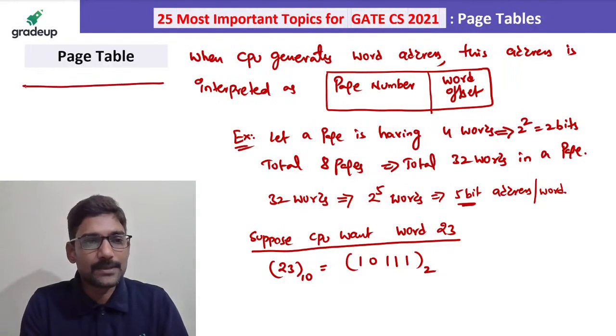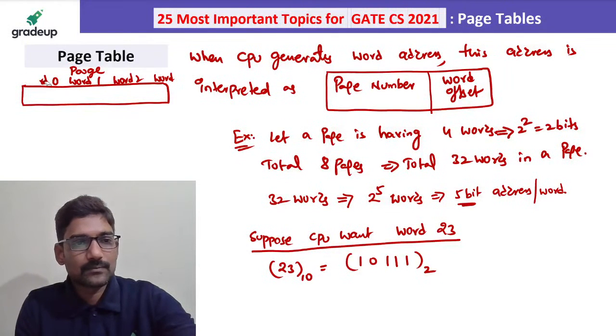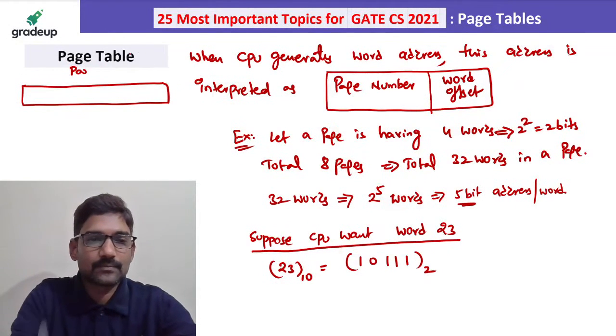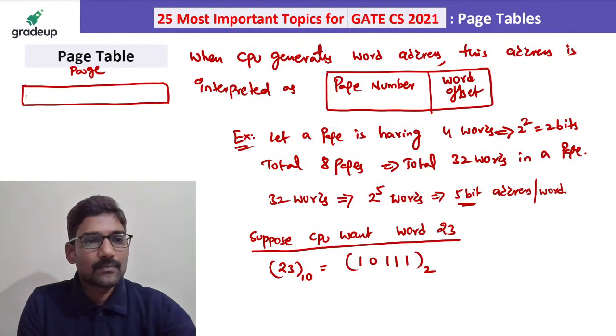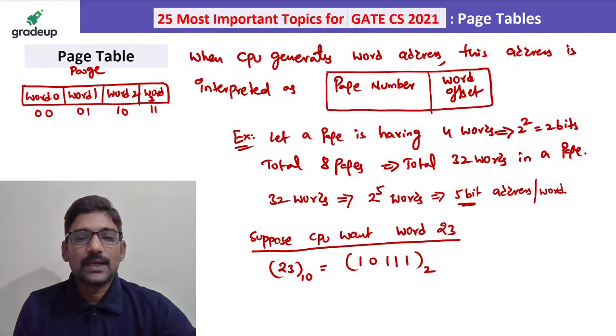Like if this is the page, word 0, word 1, word 2, word 3. So this will have 00, 01, 10, 11. Like this.